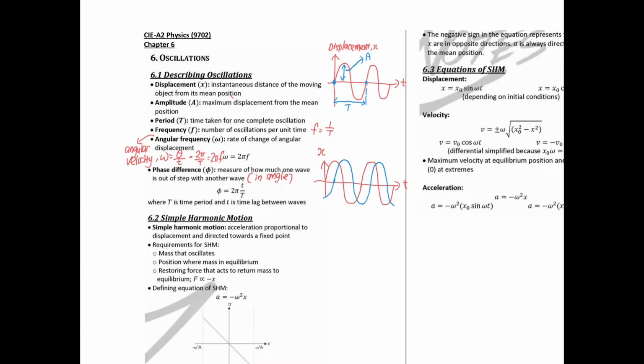Okay, it's good to decide two same points. So for example, let's say I choose the maximum point, and we find the difference in angle in terms of radian.